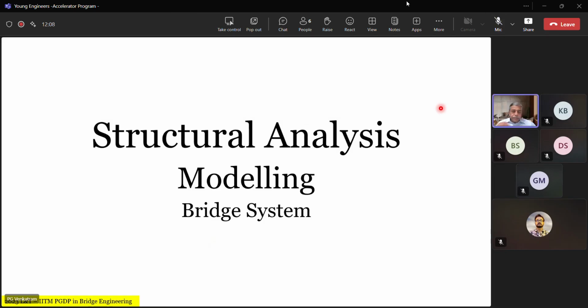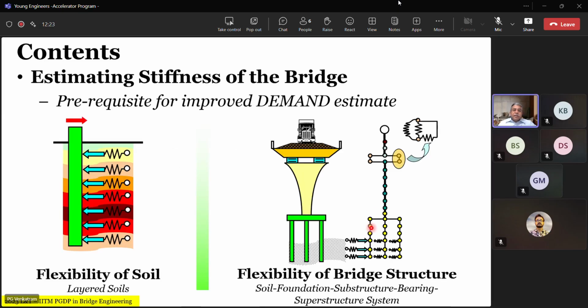Okay, right. So when we talk about modeling any bridge system, before we start, let's do a quick recap of the various things that we need to do in the modeling. We basically need to model the flexibility of the bridge correctly.